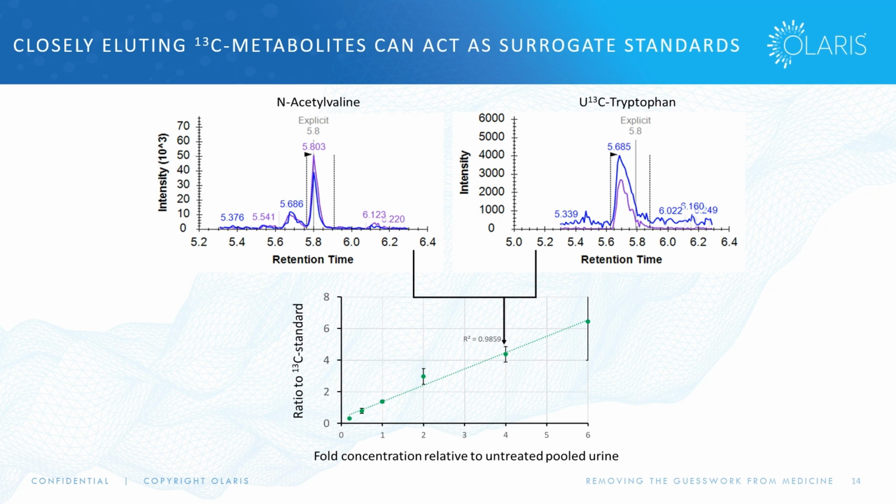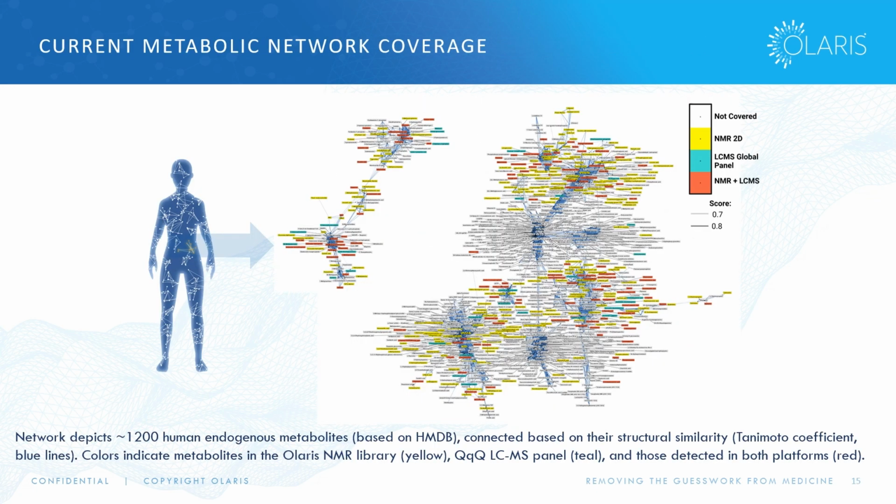So, bringing this all back, what I'm showing here is a network of molecules based on chemical similarity, color-coded based on whether they are measured by NMR, by our LC-MS panel in teal, or by both in red. What you can see here is the current network of those 1200 molecules I was talking about before, and what the coverage is.